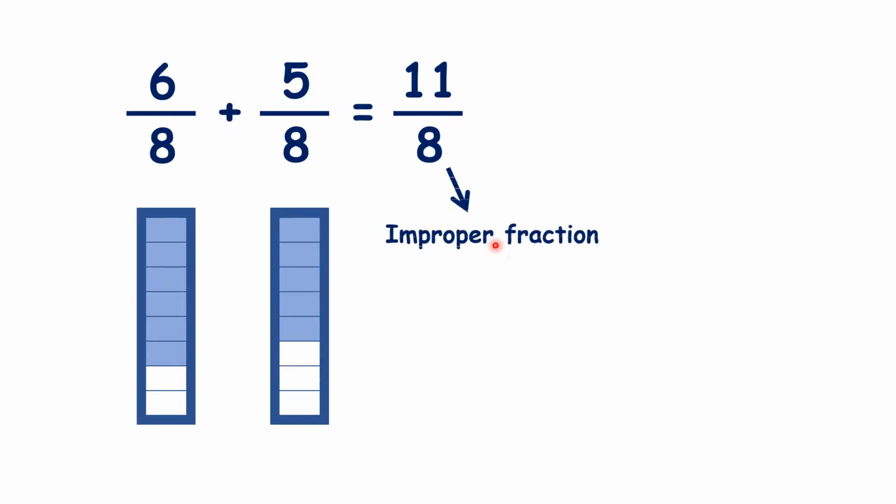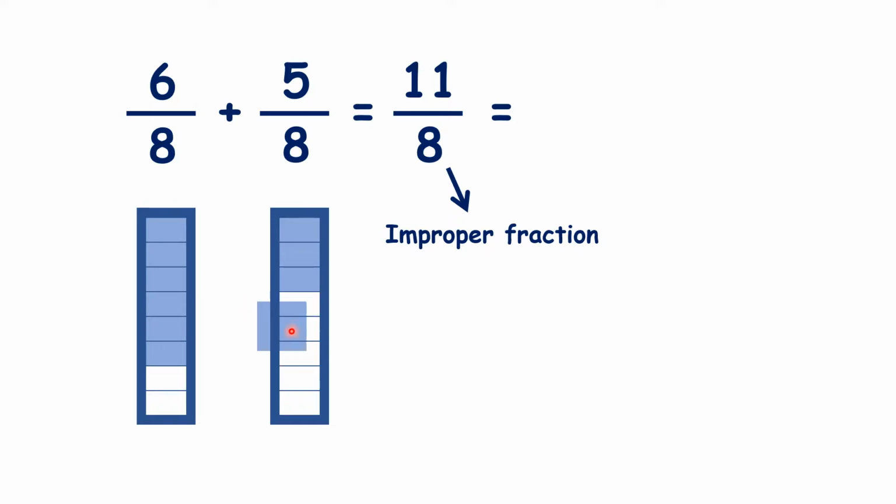As you know, that's an improper fraction because it has a larger numerator than denominator, so it represents more than 1. But we could also show this as a mixed number. This seems confusing because here it looks like we don't have any whole numbers.